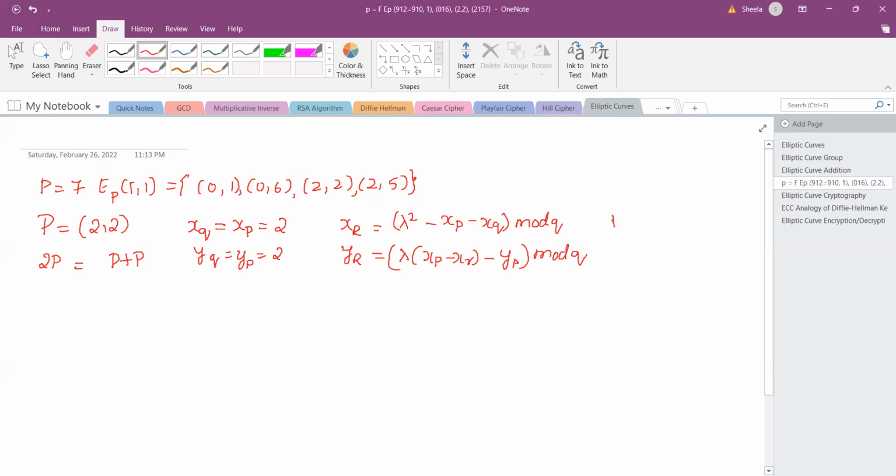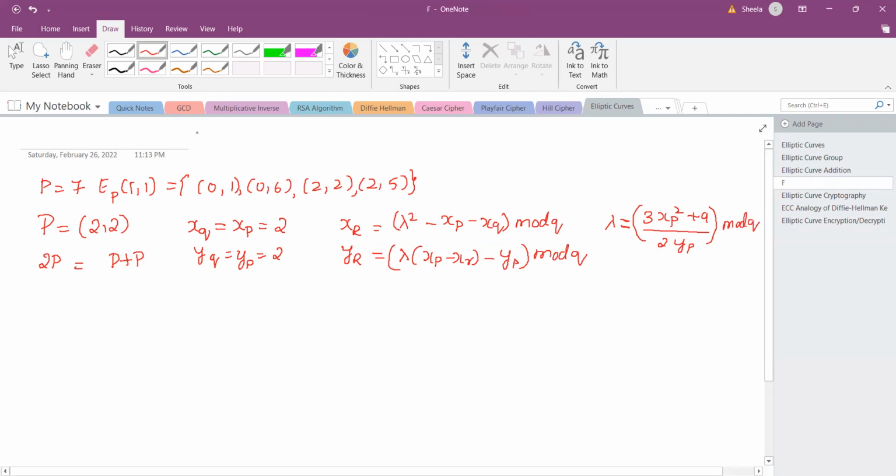And what is the expression for lambda? Since we are adding the same point, we will not be considering the slope. We are going to consider the tangent. What is the expression for the tangent? It is 3xp square plus a divided by 2yp. For this, we are going to consider mod q.